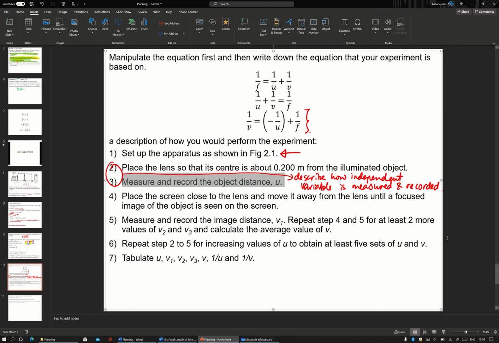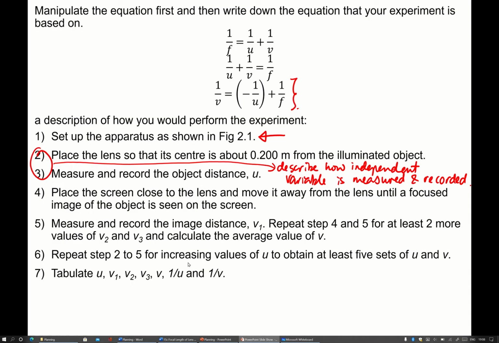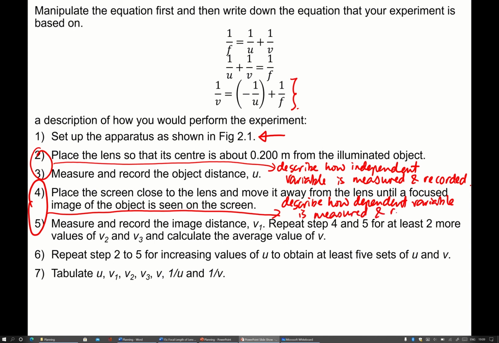So for the next two steps, alright, what I have is step 4 and 5, and here they are actually asking to describe how the dependent variable is measured and recorded.